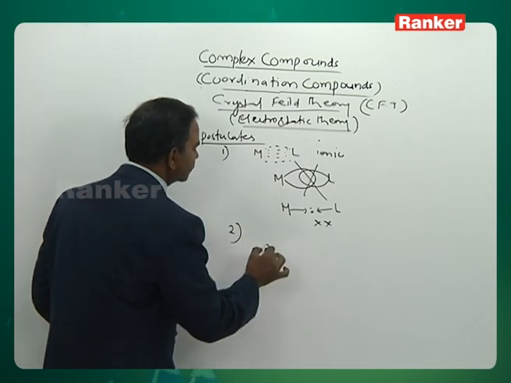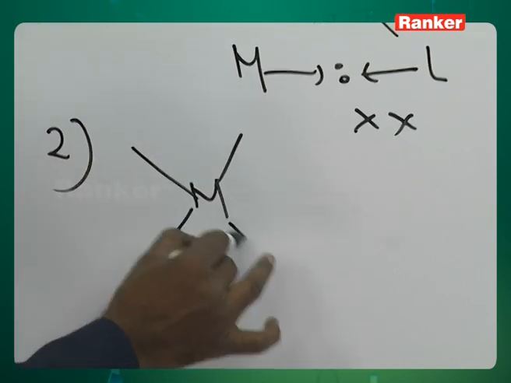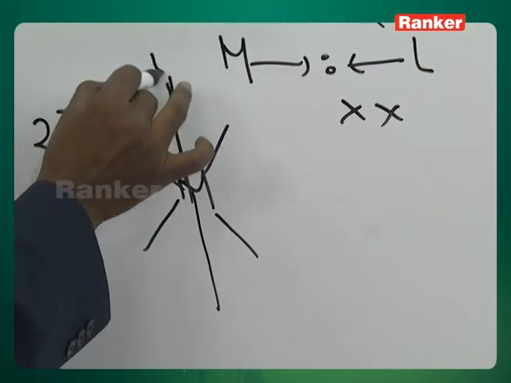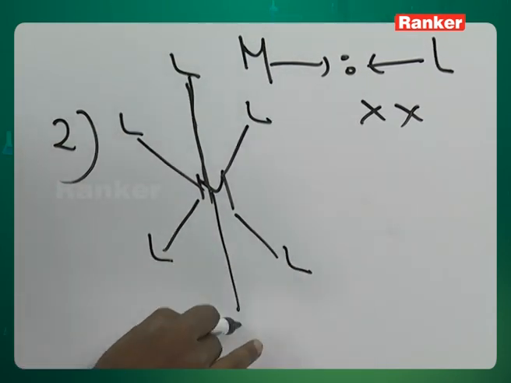Next, second. Metal ions are surrounded by different types of ligands, which may be negative, positive, or neutral.